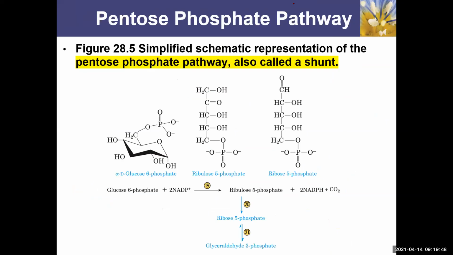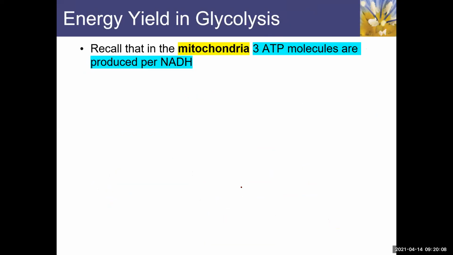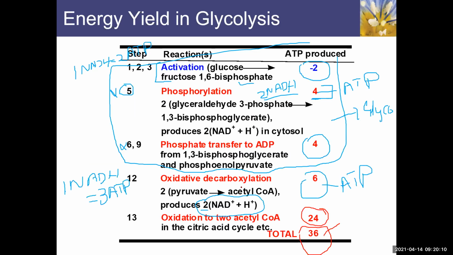Now let's move on to the next cycle, which is called the pentose phosphate pathway. You might think, what is this pathway all about? You know that we produce glucose 6 phosphate in glycolysis. If you see here, I will go to the cycle once again.